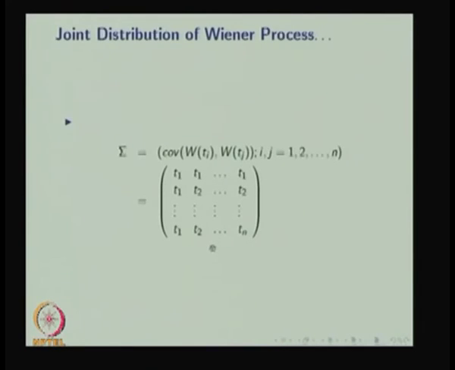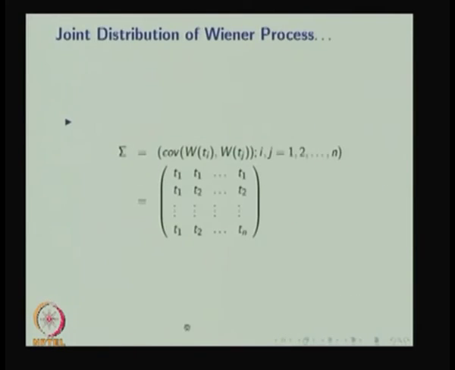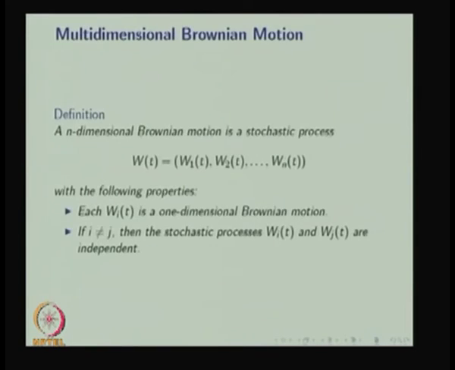And we need a covariance matrix and expectation vector. The expectation vector is the mean, and all the means are 0, whereas the covariance, we already obtained the covariance of any two random variables W of Ti with W of Tj. It will be a symmetric matrix and the diagonals are nothing but the variances of W. We can go for the multidimensional Brownian motion.